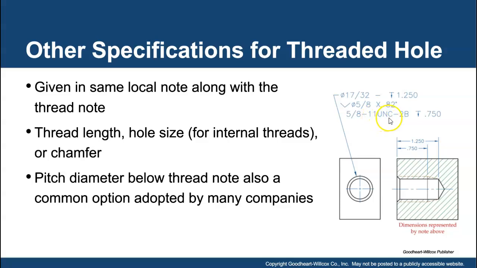This is a unified coarse thread. It is a class 2B, and they want that to go 3/4 of an inch deep. Now, notice in this case, they are also saying to drill that at 17/32 and the depth on that. Typically, if this were just a threaded hole, they wouldn't have that. This would just be spelled out with 5/8 11 UNC.